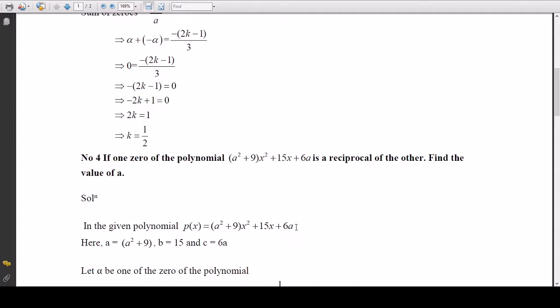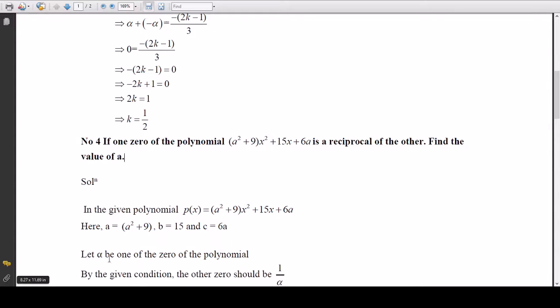And what is c? c is the constant, which is 6a. Clear? Don't get confused. Even though a is given in this polynomial, the values of a, b and c are taken from the standard form of a polynomial, where a is the coefficient of x squared, b is the coefficient of x, and c is the constant.